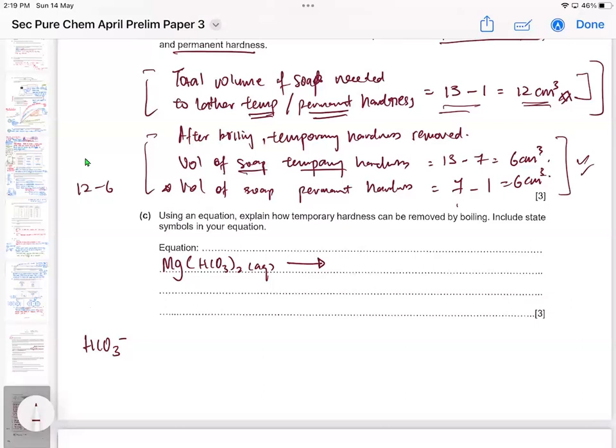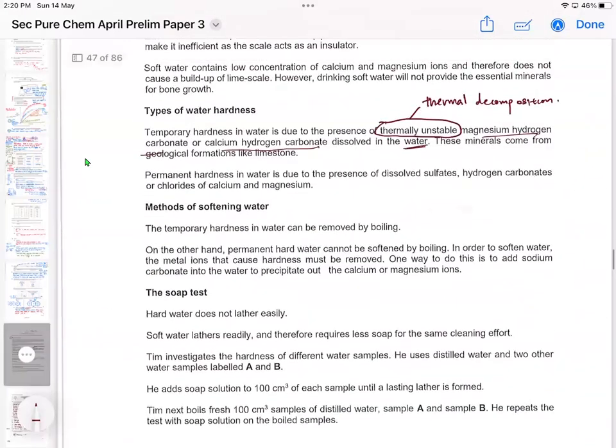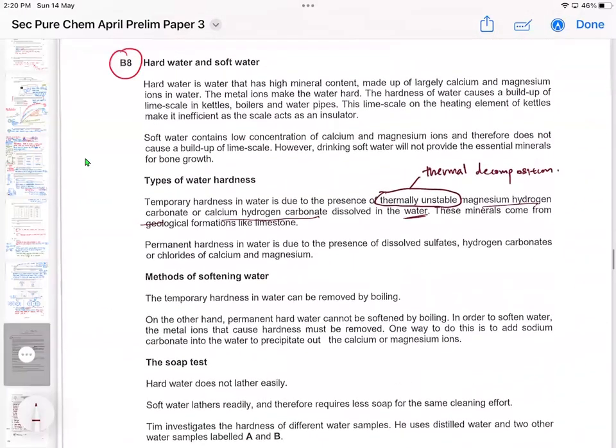Okay, so next thing is, remember we said boiling can remove the hardness, right? So that means the minerals are no longer in the aqueous solution. And it's always due to the ions formation, due to the calcium and magnesium ions. So if they are not removed, they will start to build up all this hardness.